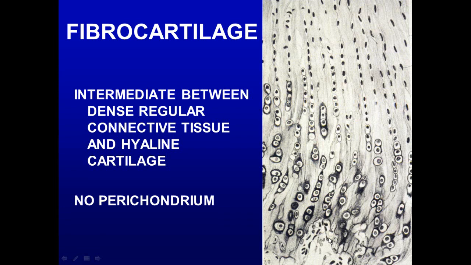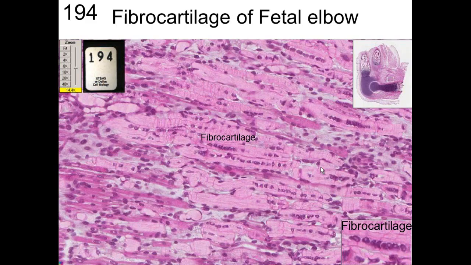So where a tendon or ligament might hook onto the bone, we have the intermediate cartilage in between there, and that's a fibrocartilage. And we can see the fibrocartilage here. So this is type 1 collagen running through there, which is typical of a tendon or ligament. And then here we can see the fibrocartilage cells within there.